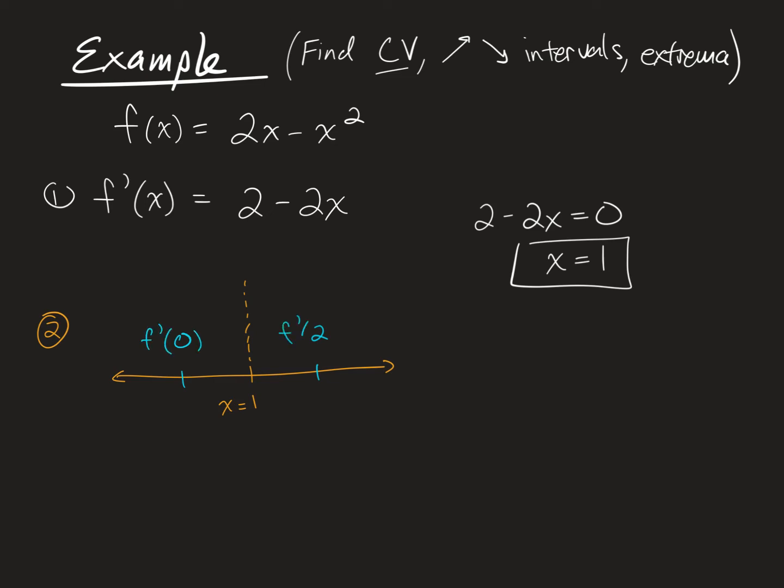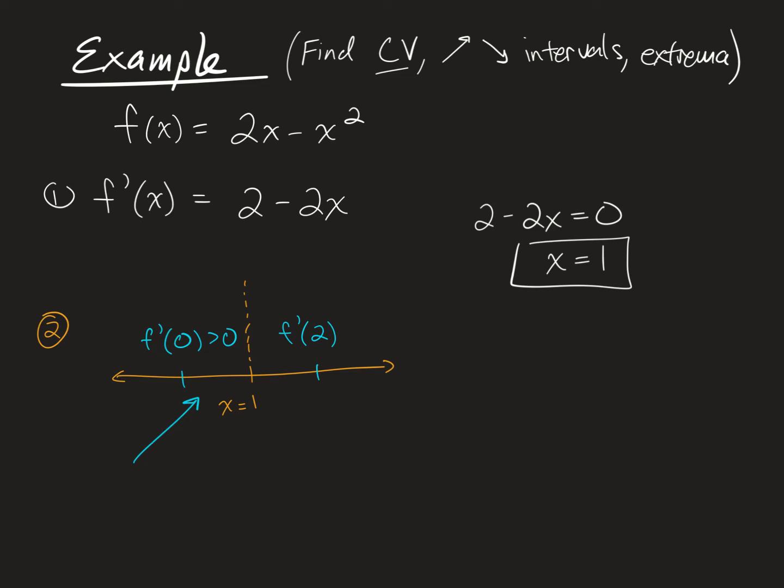So I'm going to go ahead and evaluate the derivative at these test values. Remember, the derivative at a specific number tells us the slope of the tangent line. So if we substitute 0 in here, 2 minus 0 is 2, but really we care that it is positive. And since it's positive, the tangent line will be positively sloped on that interval.